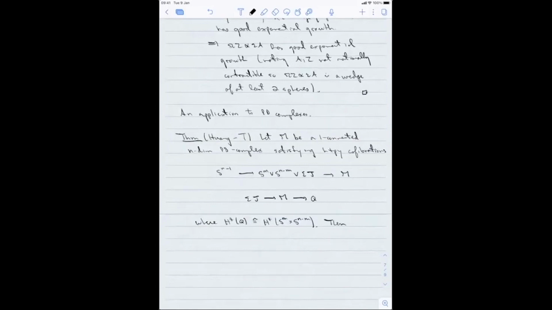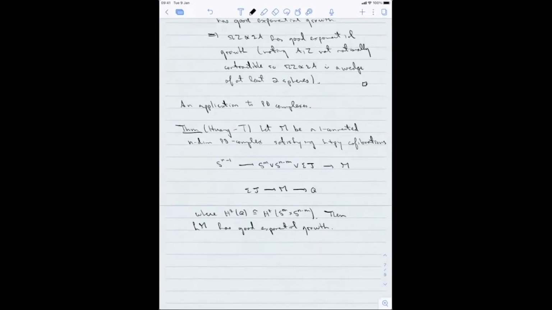Then if you look at the free loop space on this Poincaré duality complex, its rational homology has good exponential growth. So in particular, the Gromov Vigué-Poirrier conjecture holds in this case.